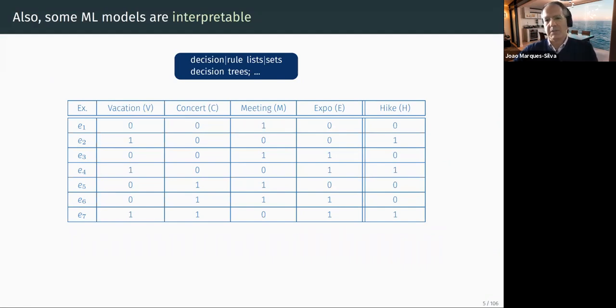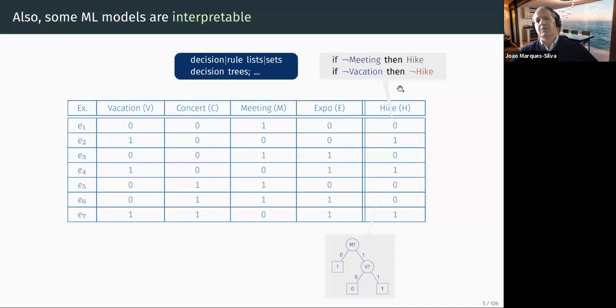Another perspective has to do with interpretability. Some machine learning models are interpretable, and this means that human beings understand what is going on. So decision lists, rule lists, decision sets and decision trees, all of these are generally accepted to be interpretable. For those of you less familiar with these concepts, here I show a decision set.